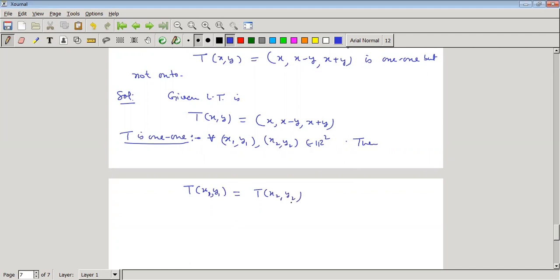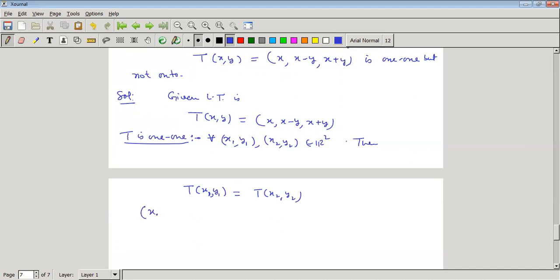It is given. So now we use the contrapositive condition of 1-1. T of x1 images are equal. Now what we have to prove? That the points are same, right? So it is given T of x1, y1 equal to T of x2, y2. What is the transformation? That is x comma x minus y comma x plus y.